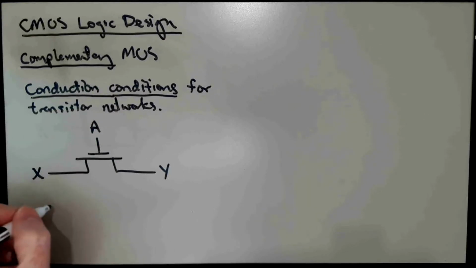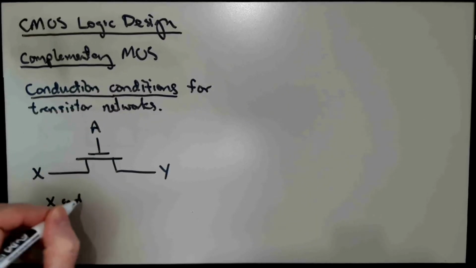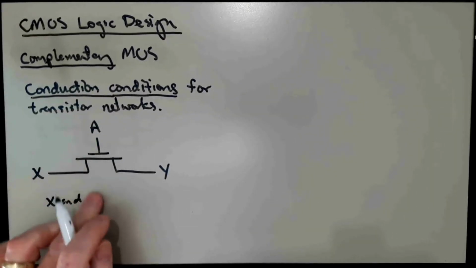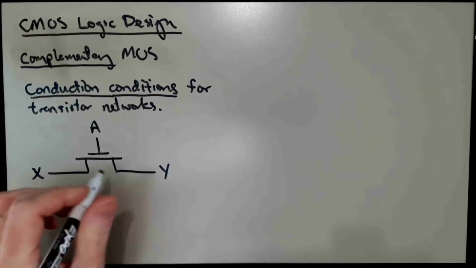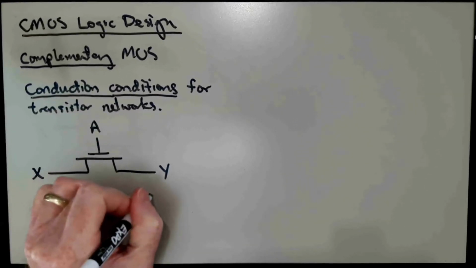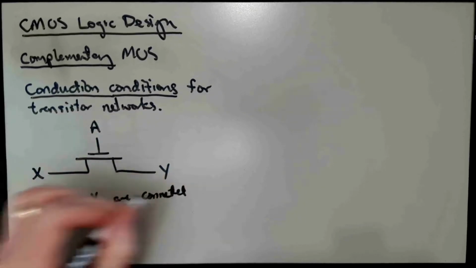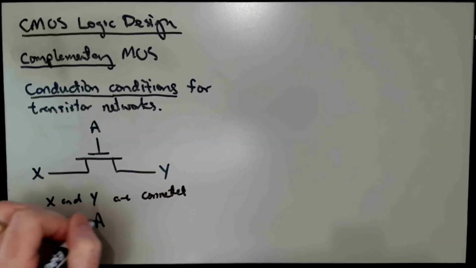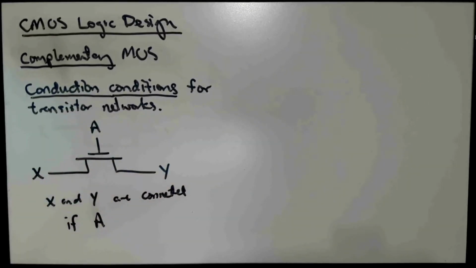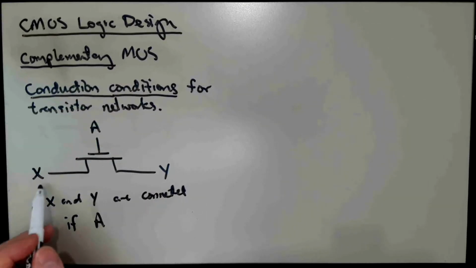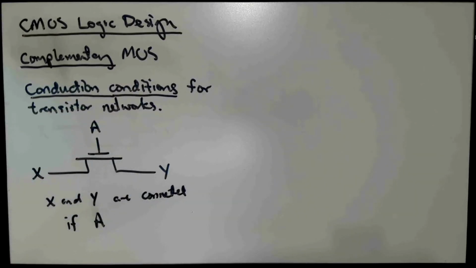So X and Y are connected if A. So if A is true, that means X and Y will be connected by a low impedance path. And if A is false, then X and Y will be disconnected.